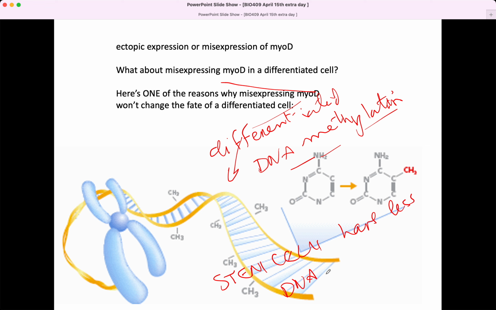They need to be ready to make a variety of cell types, and so they have less of this DNA methylation. They have some, and there's a lot of stories about that, but we're going to focus in our course on the idea that an undifferentiated cell has less DNA methylation than a differentiated cell. Okay, just that principle.